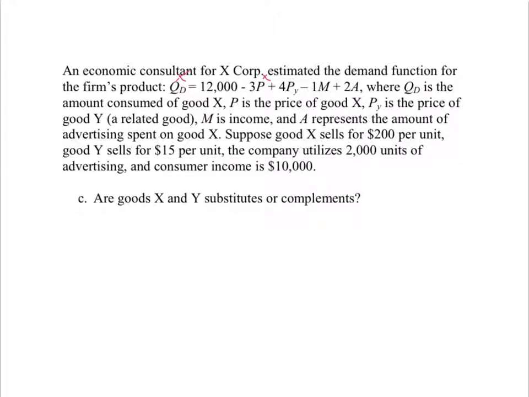So what we're looking at here to determine whether good X and Y are substitutes or complements, we want to focus on this term here, this positive 4 PY. This number 4, positive 4, is what we call a coefficient. And the value of that coefficient tells us the relationship between the price of good Y and the demand for good X. It's a positive 4.